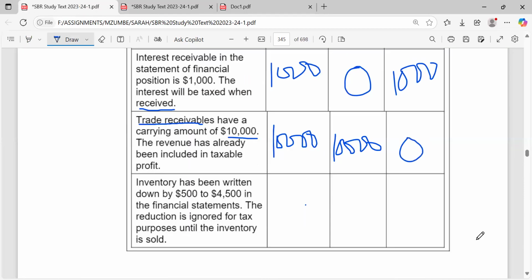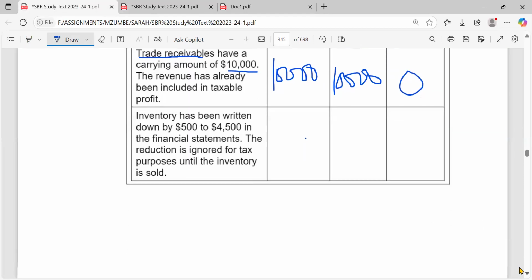All right, we are on inventory here. It says inventory has been written down by 500, from 5,000 to 4,500 in the financial statement. That's just good, right? Just an accrual base. Our main focus is on tax base because the other one is just a normal accounting practice. But now listen, the reduction is ignored for tax purpose until inventory is sold.